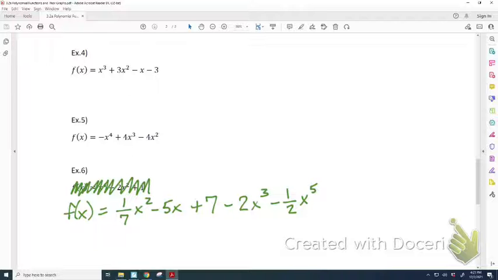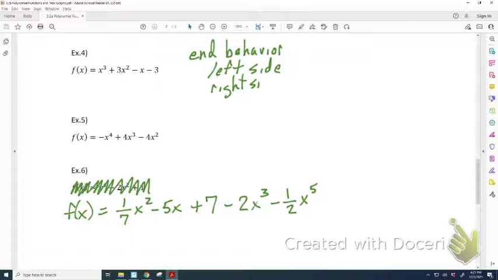Number 4, I'm going to write the end behavior. Hopefully we can start doing some of this in our head. I see an odd n, it's 3. And front number is positive. So it starts on the left side from going down, and on the right side it's going up.